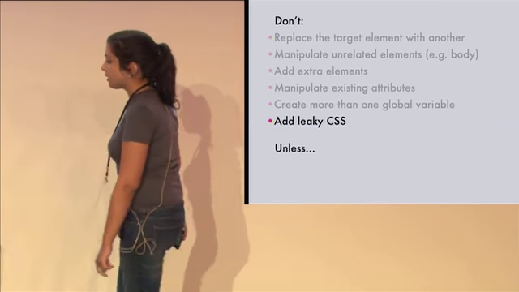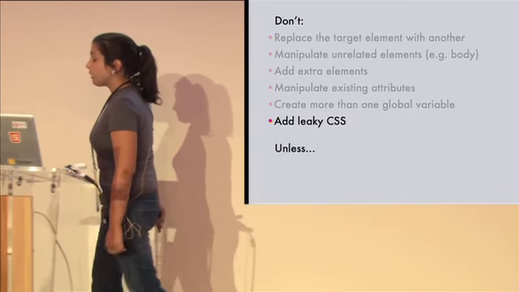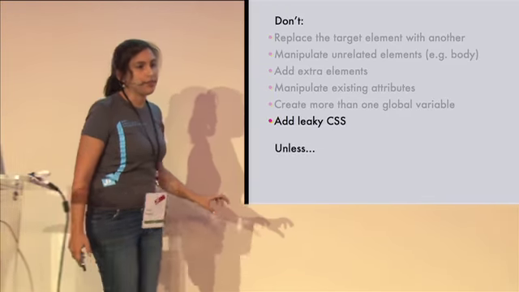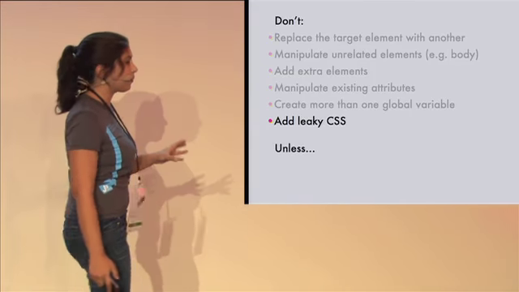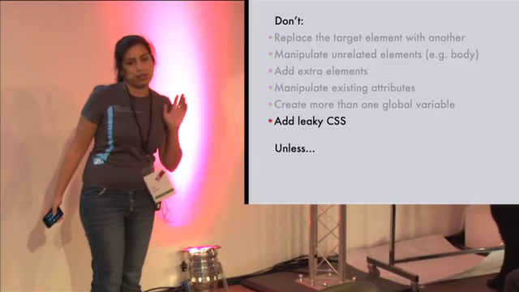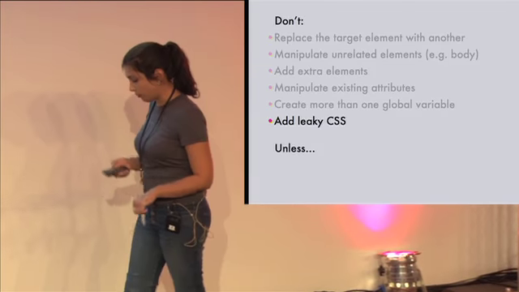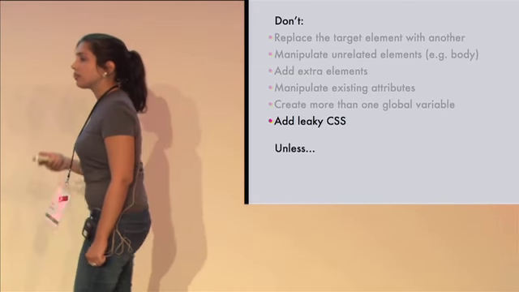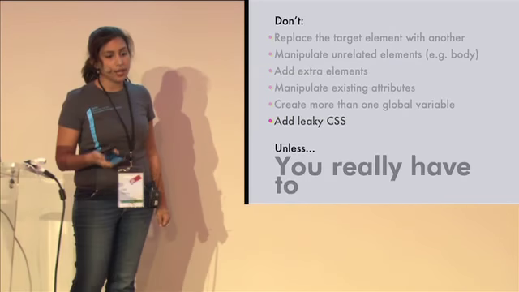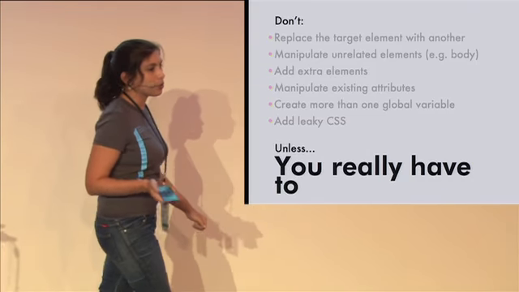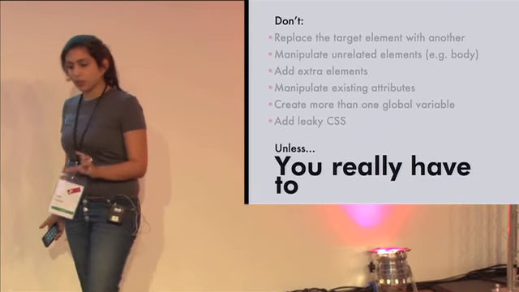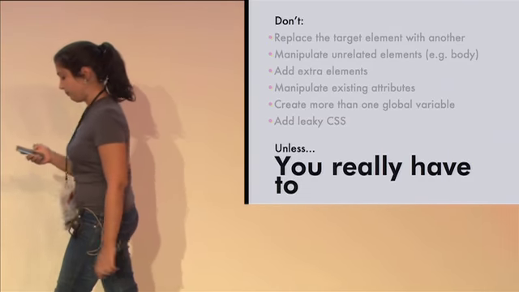Try not to add leaky CSS. Like, for example, you should namespace your CSS to only apply to what you add, to what you target. Don't add CSS like, for example, an element selector that would leak into other elements and not just to the target of your polyfill. And of course, all these are just guidelines, rules of thumb. In most cases, you will need to break at least one of them in most polyfills, at least in most HTML polyfills. But just try to only do them if you really, really have to.